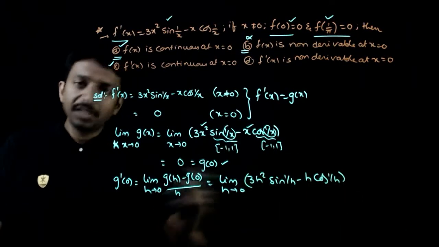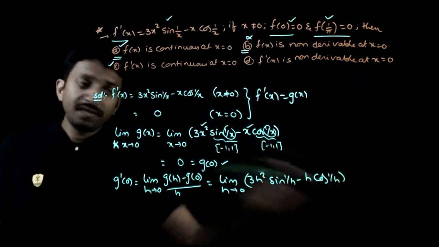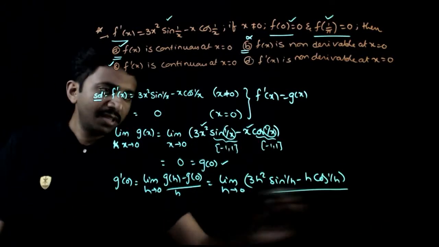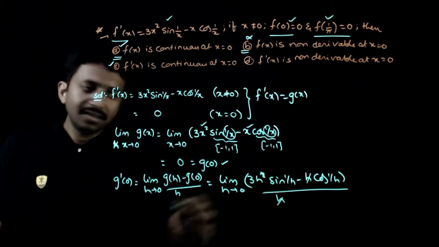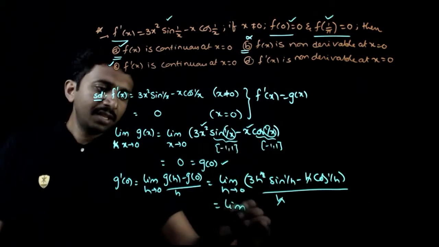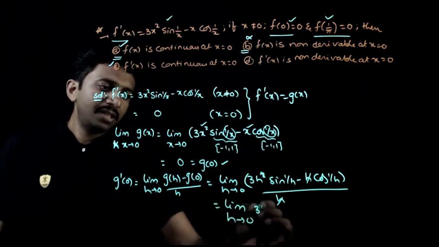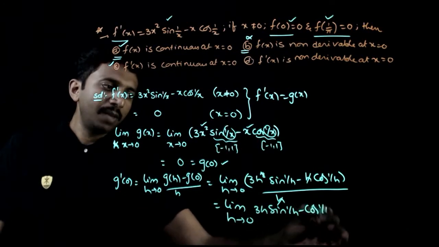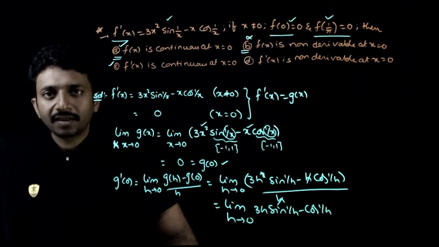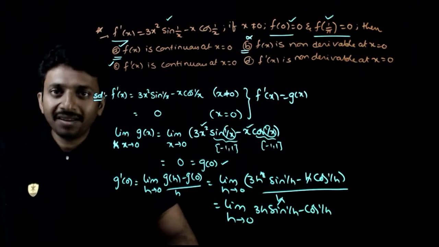This is g of h. Minus g of 0, which is 0, so there is no need to write it. All by h. Now h and h get cancelled. That is equal to the limit as h tends to 0 of 3h sin 1 by h minus cos 1 by h.